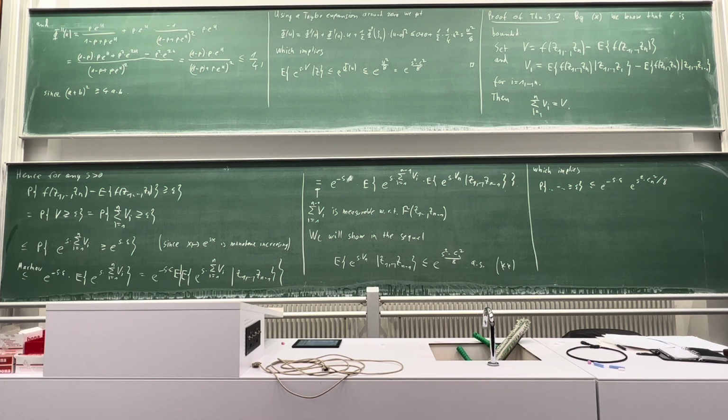And then you have the expectation of e to the power s times the sum over i equal 1 to n minus 1 of Vi, we have this one, yeah?